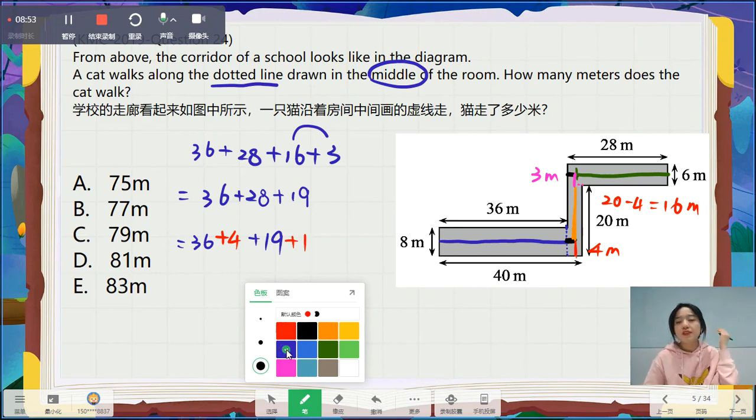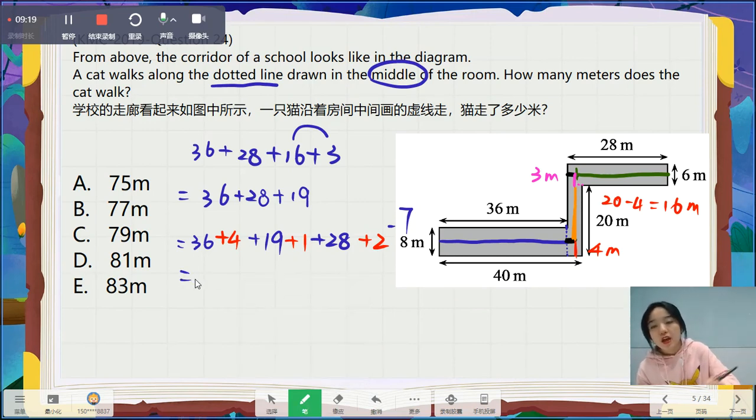But can we just add 4 and add 1 to these two numbers? No, it's not scientific, right? And we can make 28 into a round number by adding 2. But we can't do that in this way. So you also need to take the red numbers away. They are 4 and 3, so they are 7. We have to take 7 away.